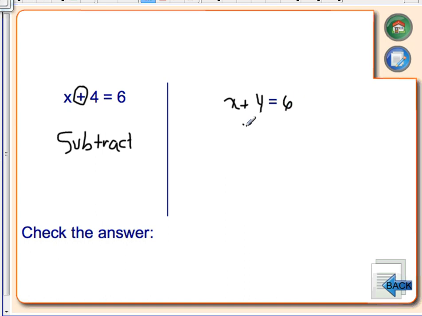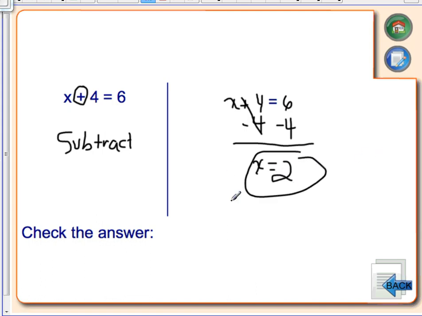And I'm going to subtract 4 because I want to isolate x, or get it by itself. Those go away. So x is going to equal 6 minus 4, which is 2. That would be my answer.